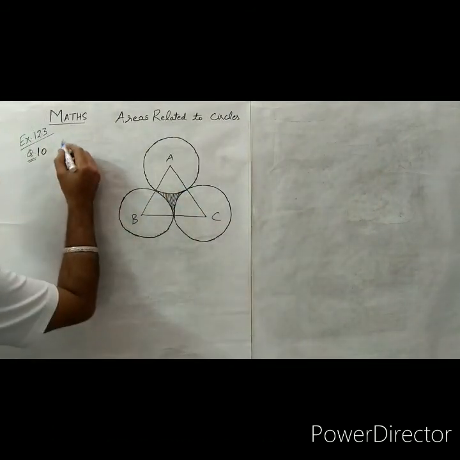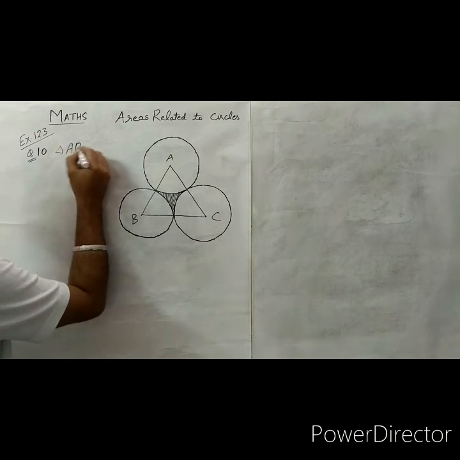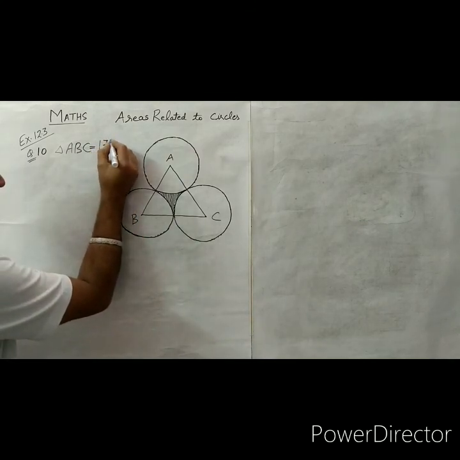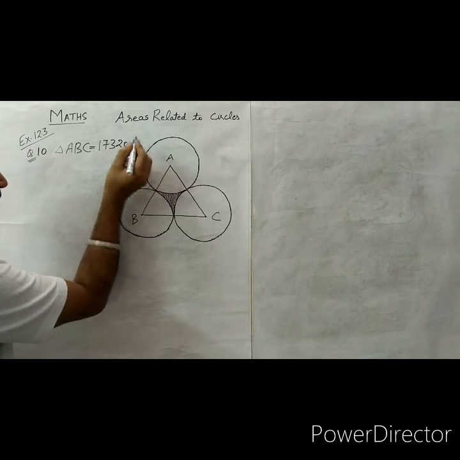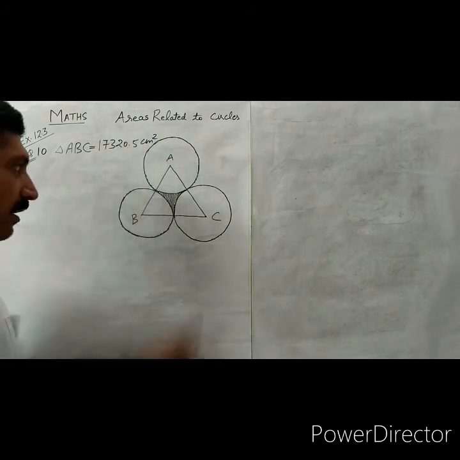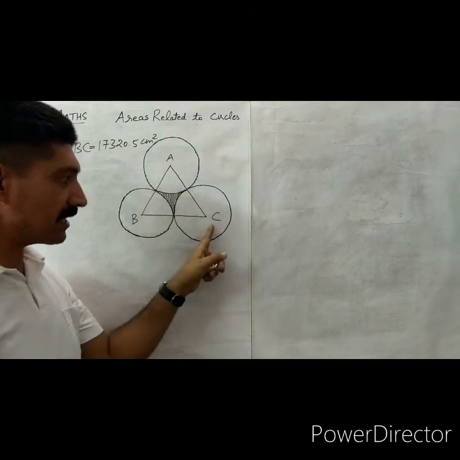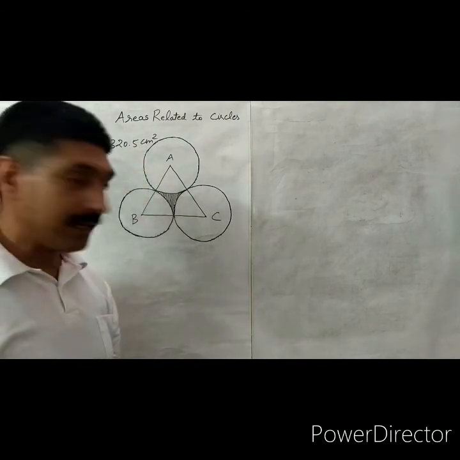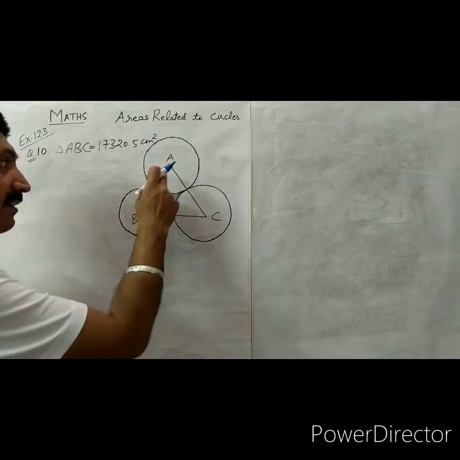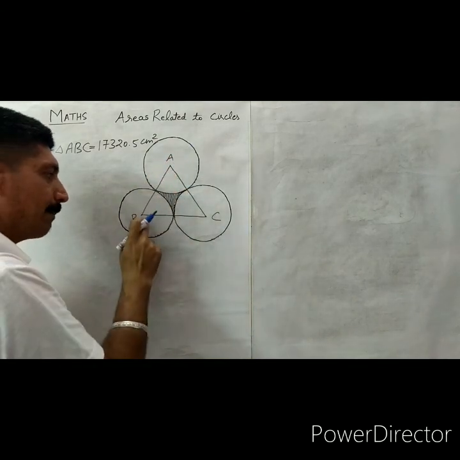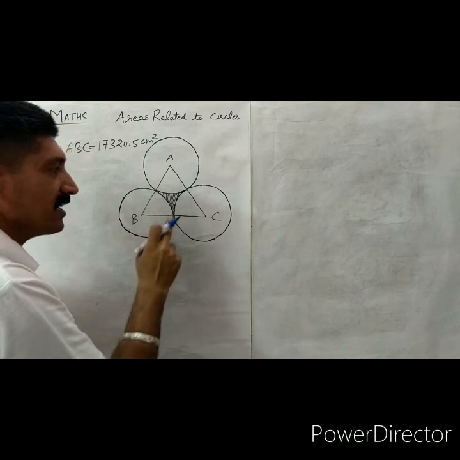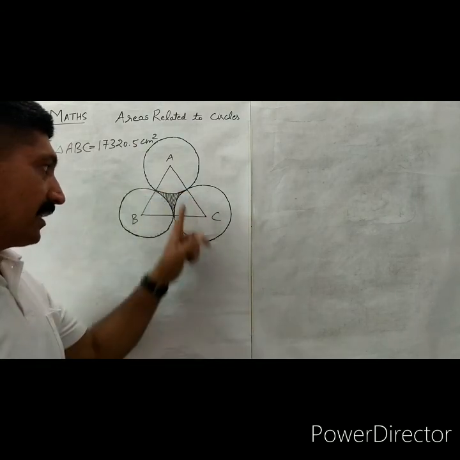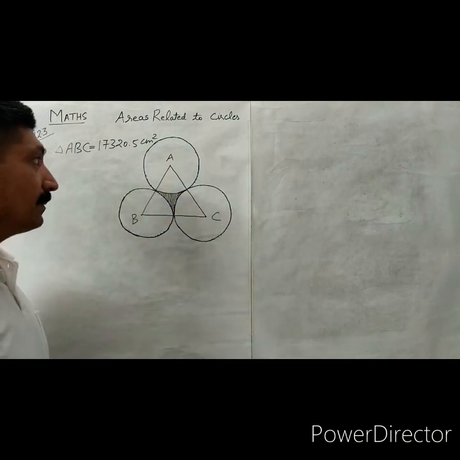The area of triangle ABC is 17,320.5 centimeter square, and three circles with centers A, B and C are drawn in such a way that they are touching the midpoints of the three sides of the triangle.